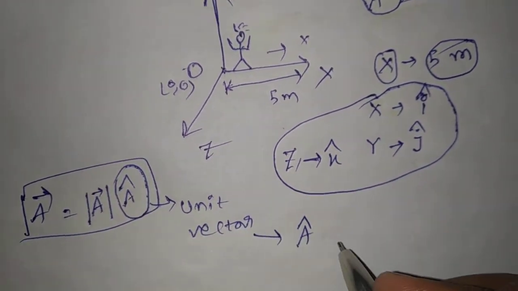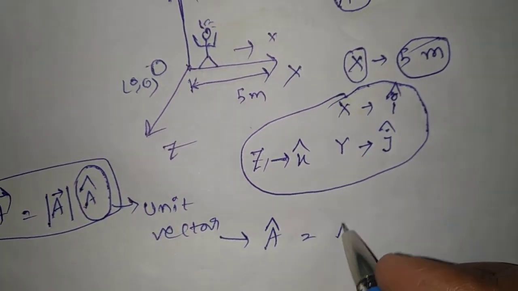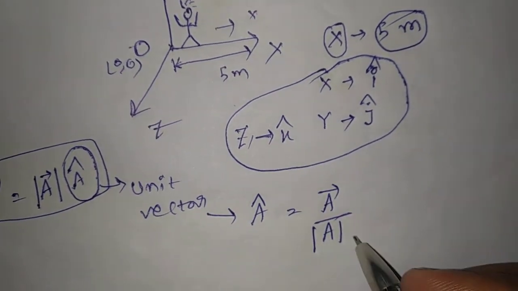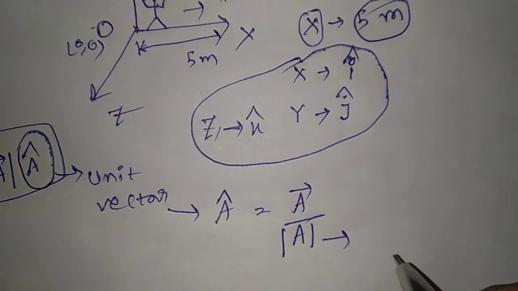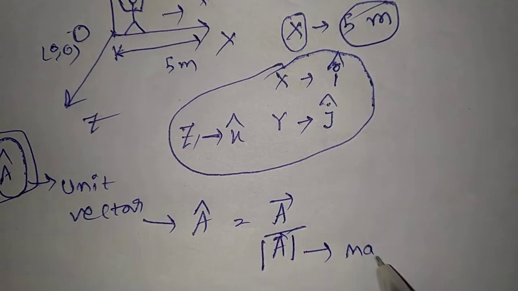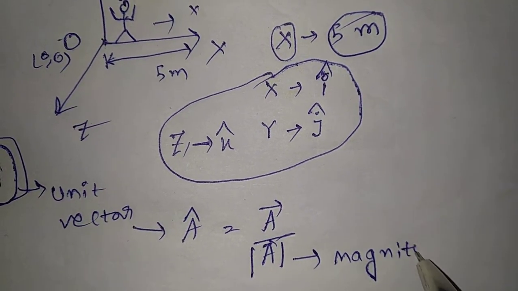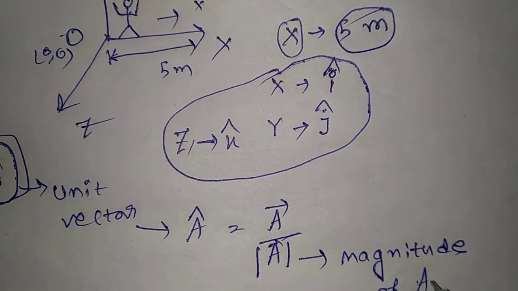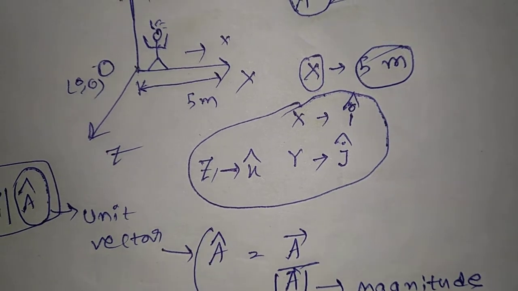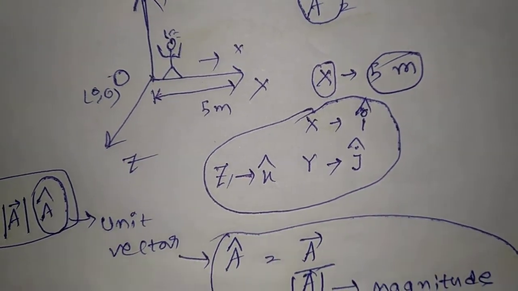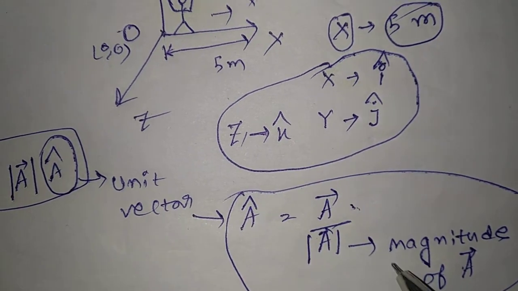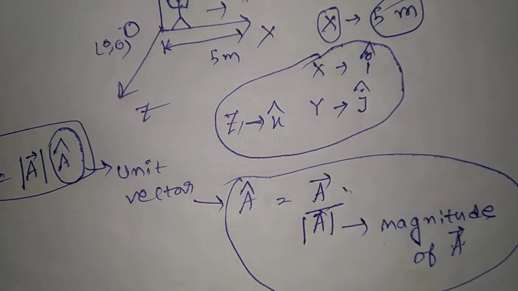A hat equals A vector by mod of A. Mod of A means the magnitude of A. So what is a unit vector? A unit vector is the ratio of a vector divided by the magnitude of that vector.